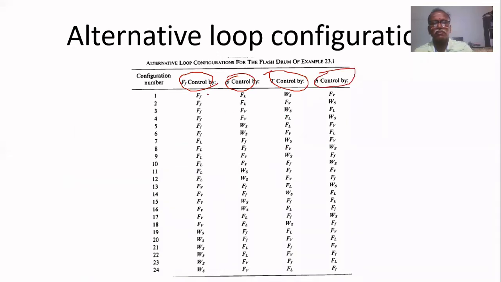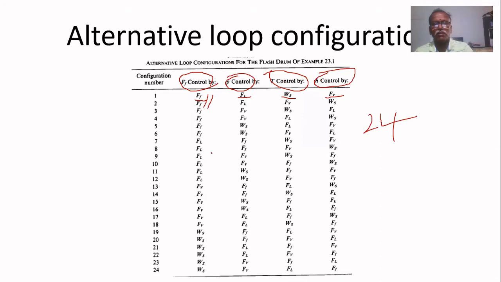For that, yesterday we have seen that feed flow rate, liquid flow rate, steam mass flow rate, and vapor flow rate are used to control these four variables. But if you put the permutation combinations, there are 24 possible combinations. That way we can control all these four variables.